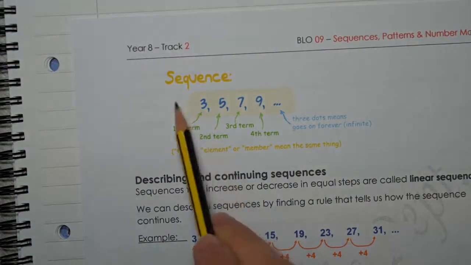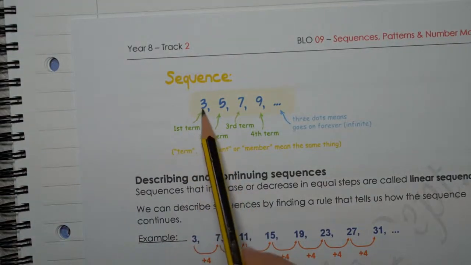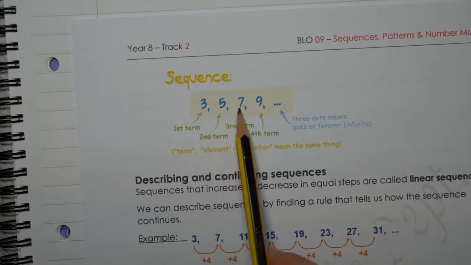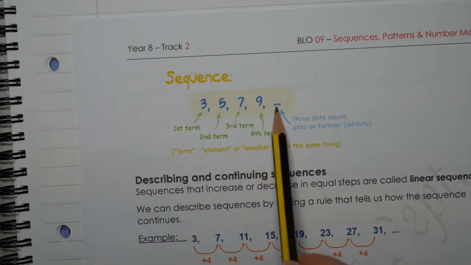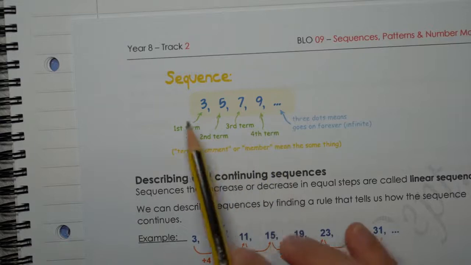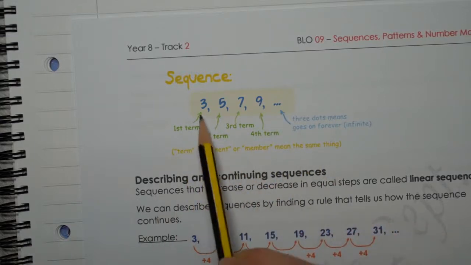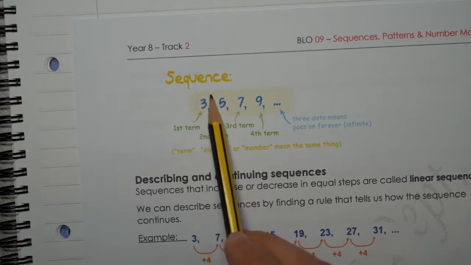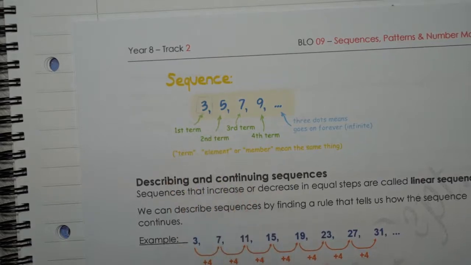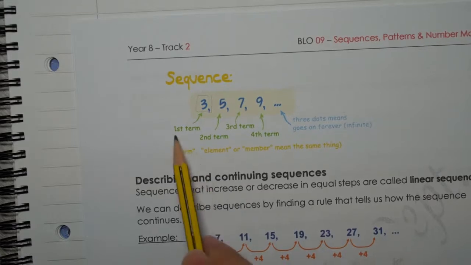When we have a sequence like this, 3, 5, 7, 9, and then the dots, everything means something. So this first number is called the first term. We have written here first term.